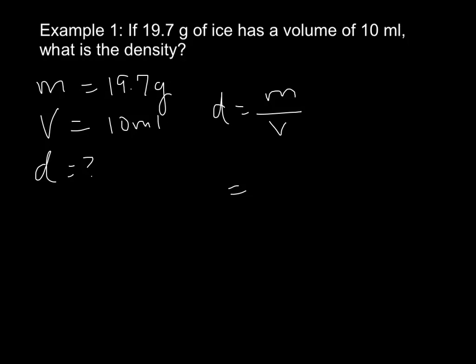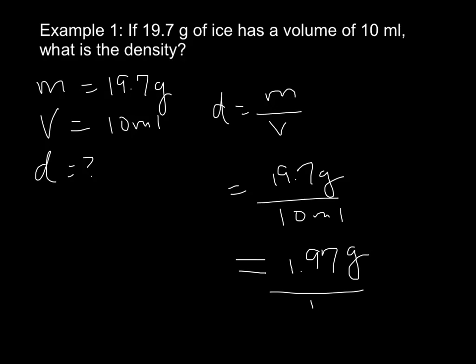So the mass of the ice, 19.7 grams, and the volume, 10 milliliters. Okay, and in your calculator, punch in 19.7 divided by 10, and you get the density is 1.97. You have grams in the numerator and milliliters in the denominator, and that would be your density, 1.97 grams per milliliter. And grams per milliliter is density.